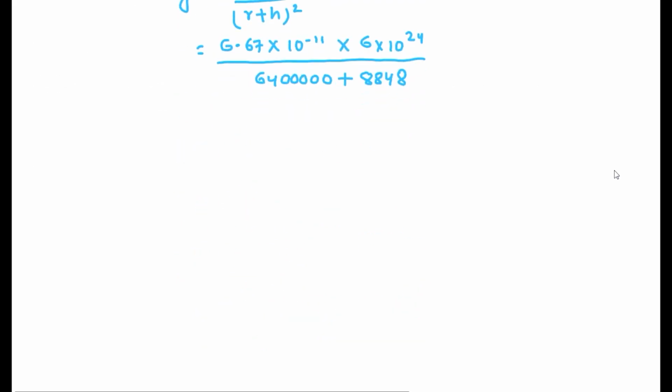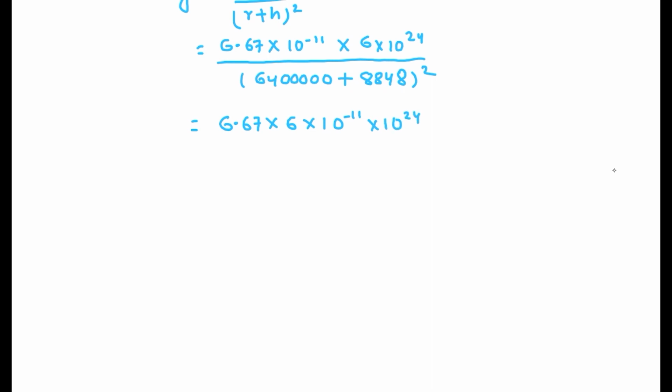and here whole square. So next step, first of all arrange this 6.67 into 6 and 10 power in one place, this into 10 to the power 24.